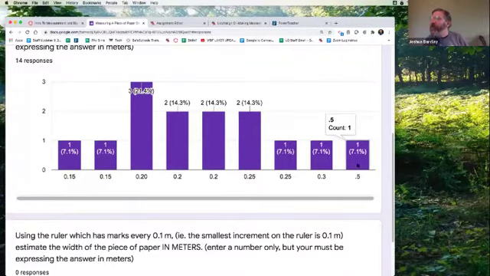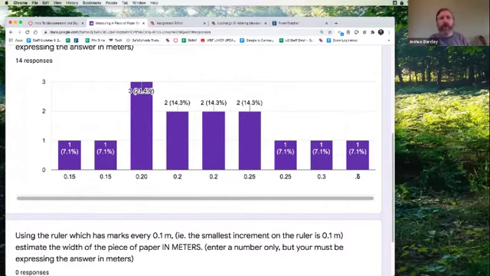So I'm going to share this screen so you guys can see the summary here. Somebody said 0.5, somebody said 0.3, somebody said 0.25, 0.25, 0.2, 0.2, 0.2, 0.20, which is actually something different, 0.15 and 0.15. You guys, this is the important part here. We are not even agreeing to the tenths place.